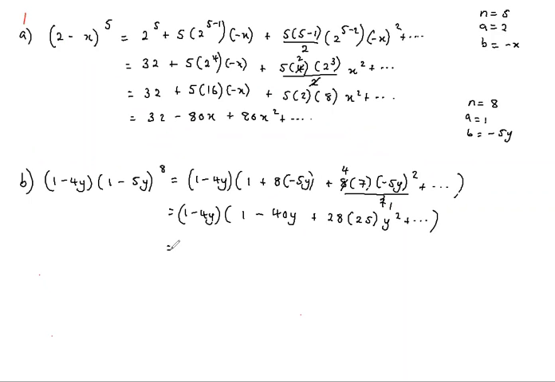So that you can then expand 1 by everything inside. You get that 28 times 25 y squared, and then minus, you now multiply 4y by the other parts, so you get 4y plus 160 y squared.